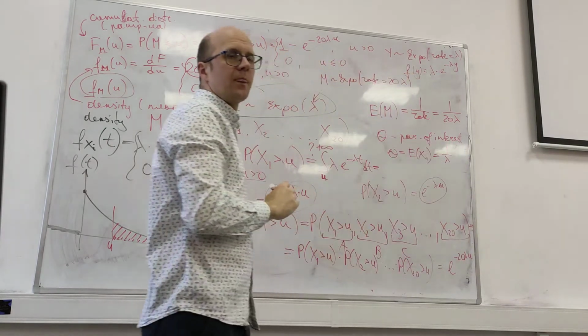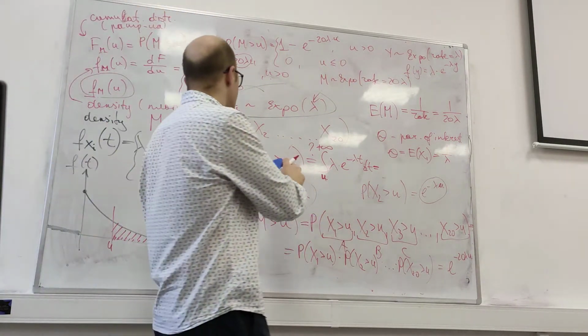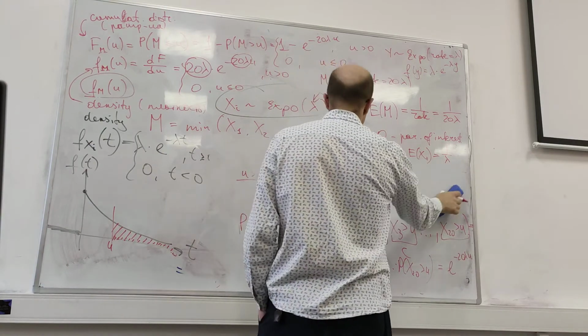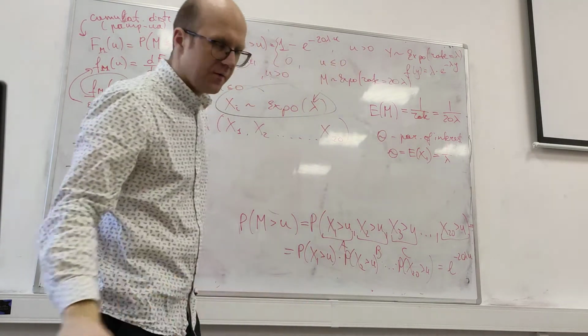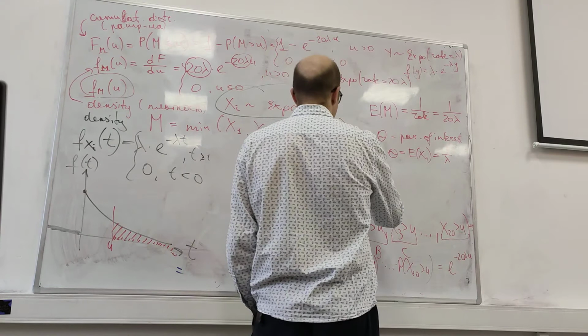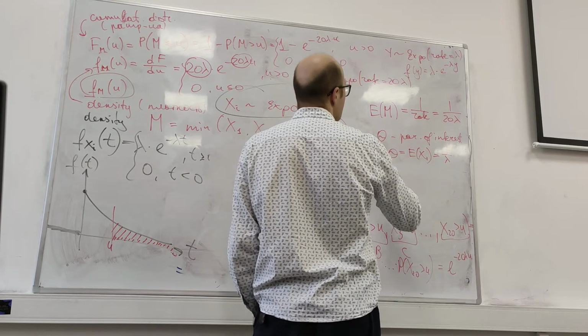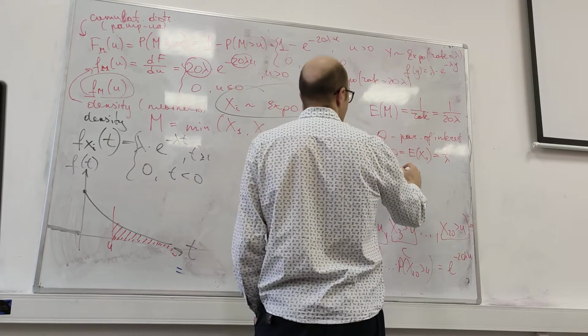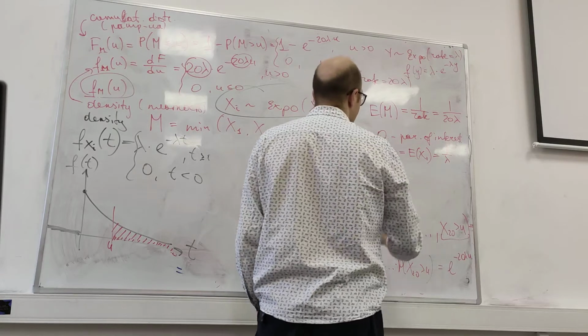So we have proven, using some basic integration, that the expected value of m is not theta, it's theta over 20.